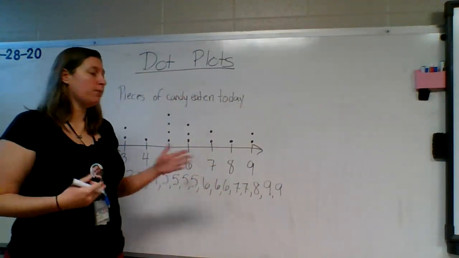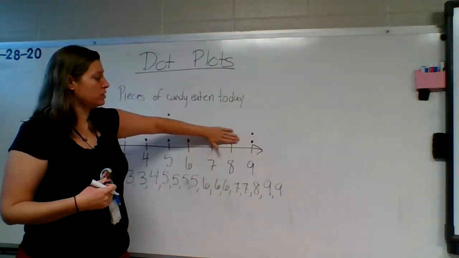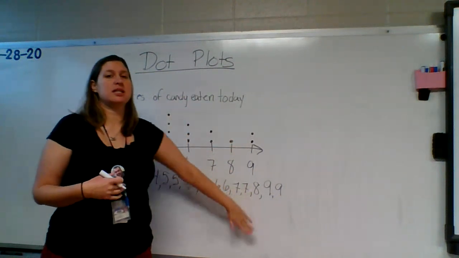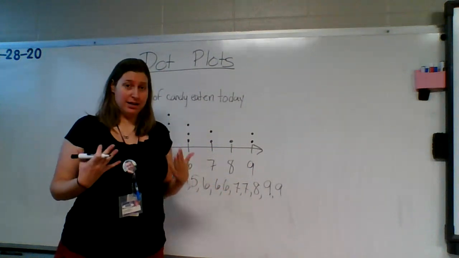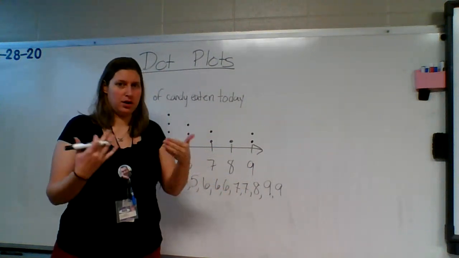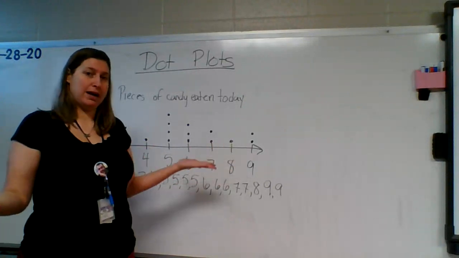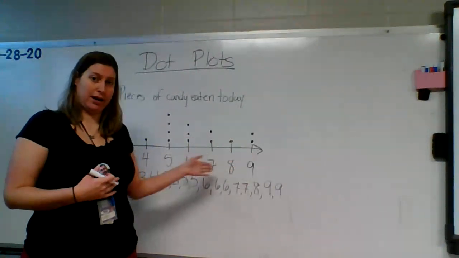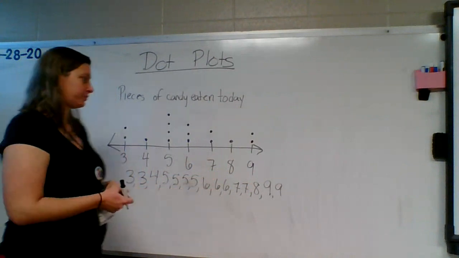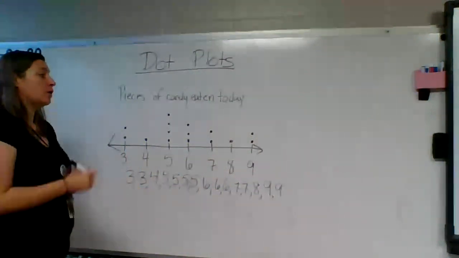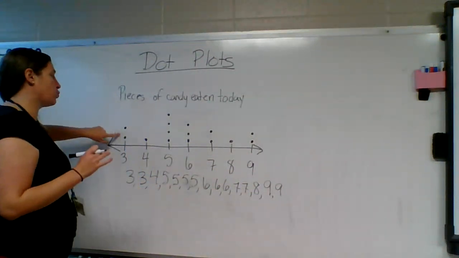But just so you know, if I did have no dot above 8, I would just skip that and I would not have that number because no one answered 8. But when I'm doing a number line, I have to write it because I'm writing the numbers in order.